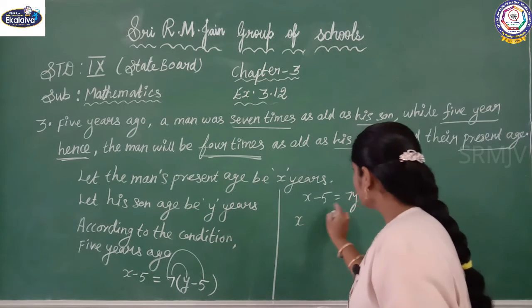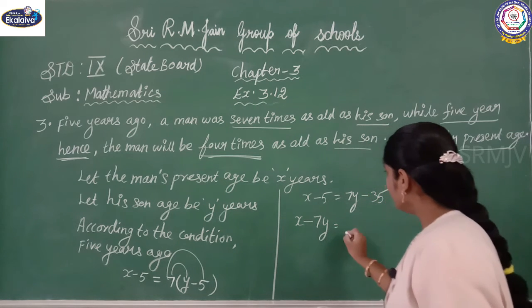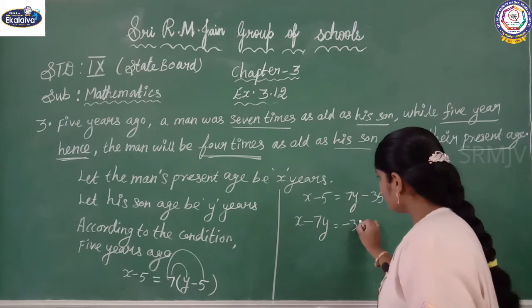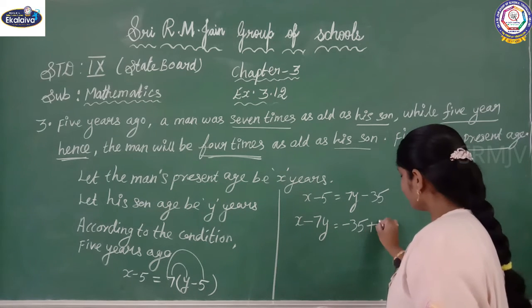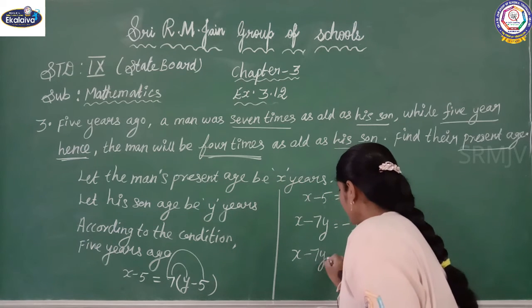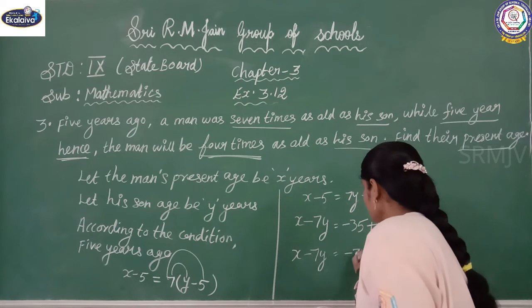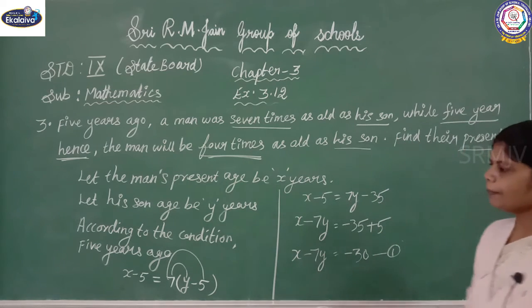So X, plus 7Y will change, minus 7Y, equals minus 35. Minus 5 will change, plus 5. So X minus 7Y equals minus 30. This is the first equation. Okay.